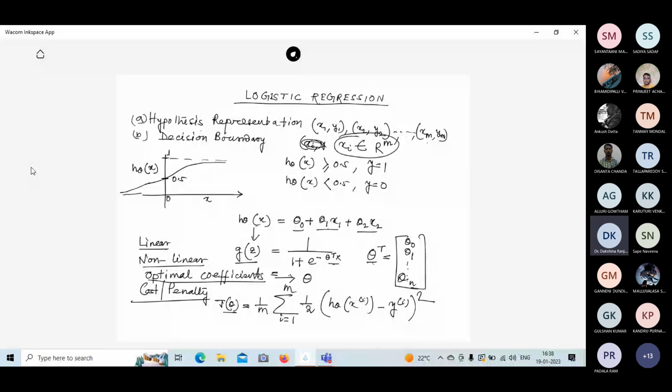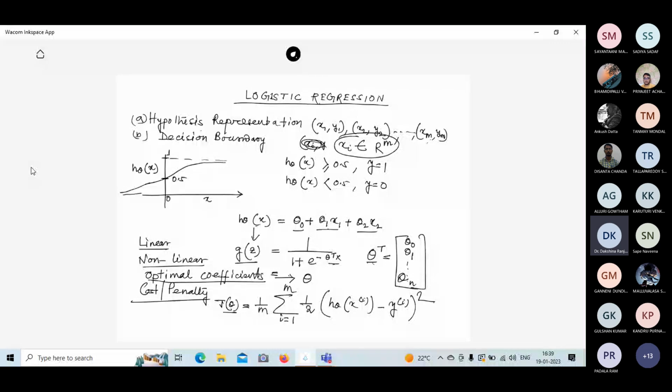Since there are m number of training examples, and the training examples are associated with the class labels y1 to ym, x1 y1 to xm ym are the training examples, and for m training examples we get the summation over half of h theta xi minus yi.